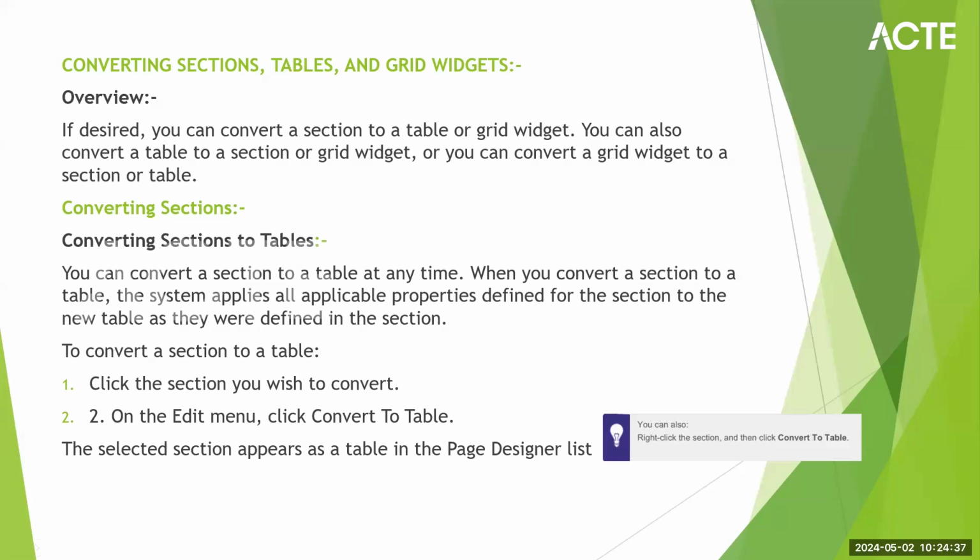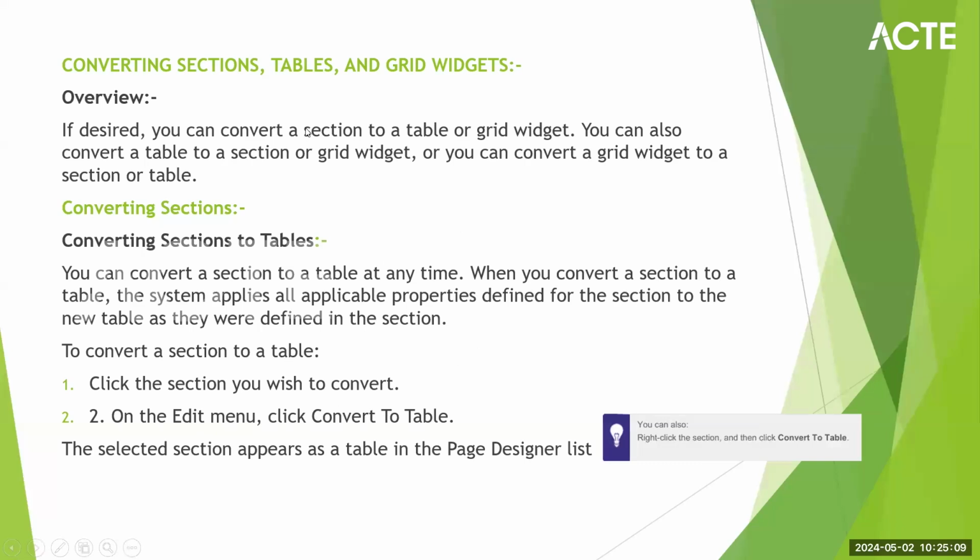Converting sections, tables, and grid wizard. If desired, you can convert a section to a table or grid wizard. You can also convert a table to a section or grid wizard. Suppose there are some fields you wanted to create in a table, but you created those fields in a section, with multiple fields in that section.